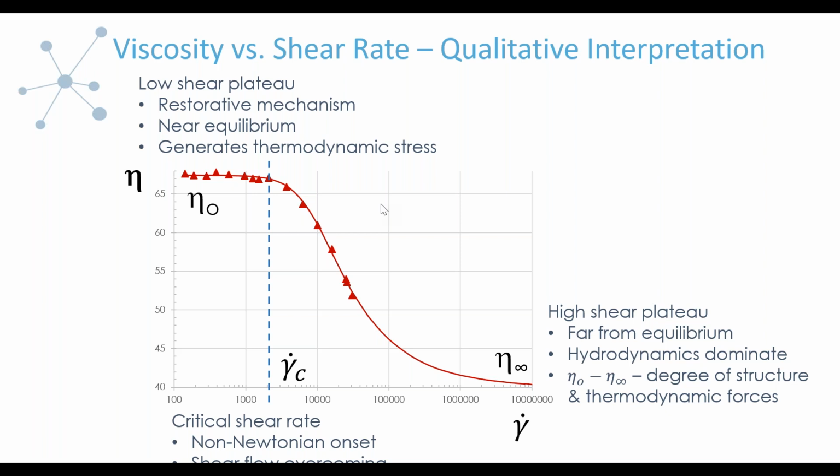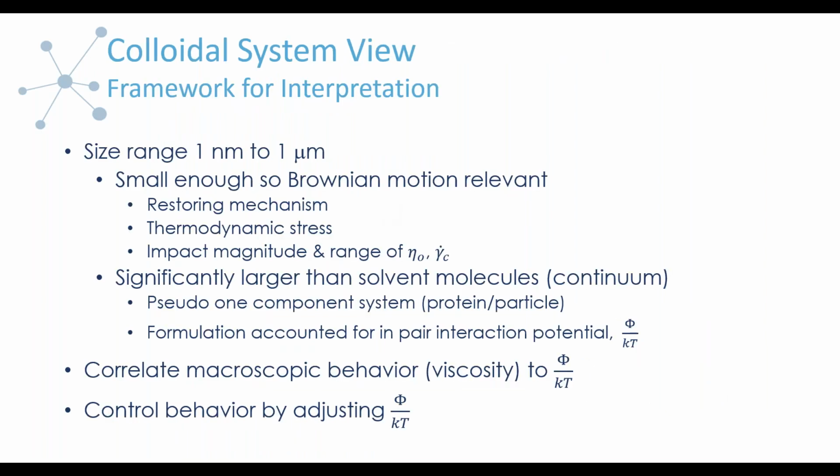Okay, so now before we get into how we chose our formulation and how we chose to start adjusting how the proteins are interacting, and also what I'm about to discuss is relevant to the interpretation, I wanted to talk about using the concept of colloidal systems to establish a framework for interpreting our data.